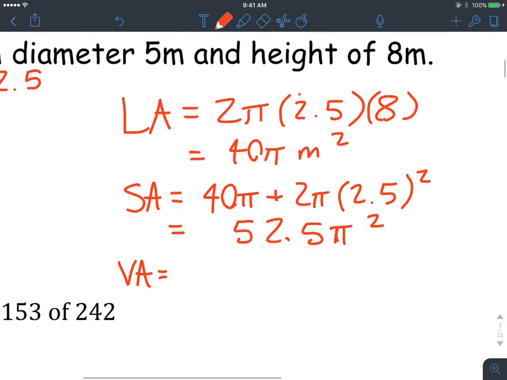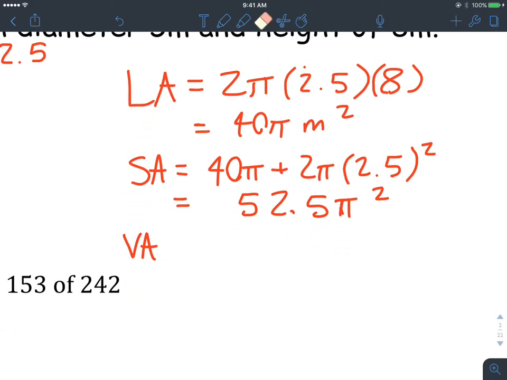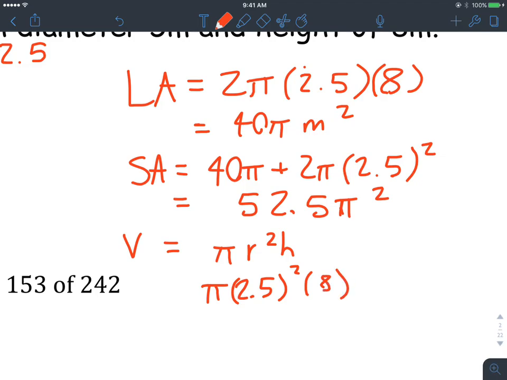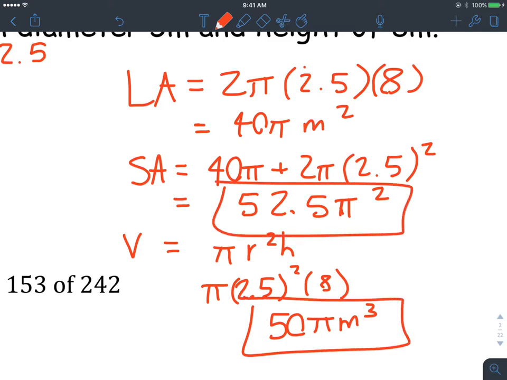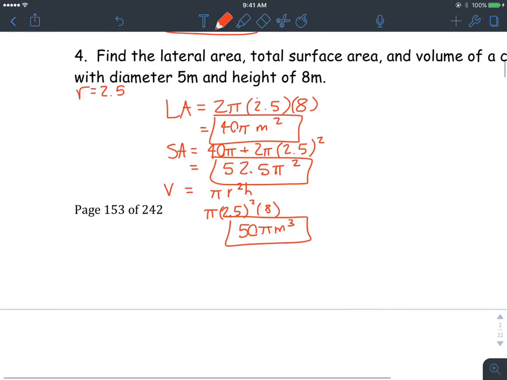And then volume, that's going to be your pi r squared times height. So that'd be pi times 2.5 squared and then times the 8. And when you punch that out, you'd get 50 pi and then meters cubed. So here's a good example where the volume is actually a smaller number, but remember it's totally different units. So sometimes that'll happen there.